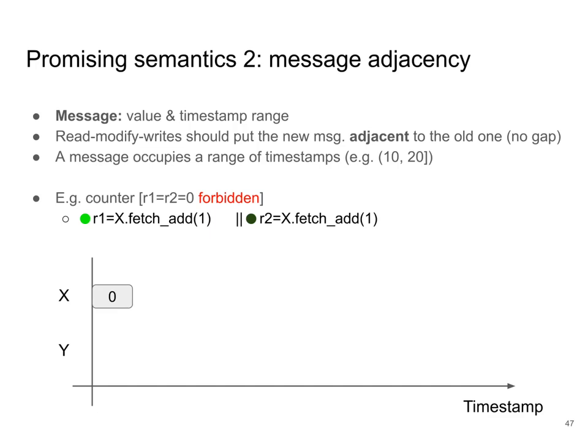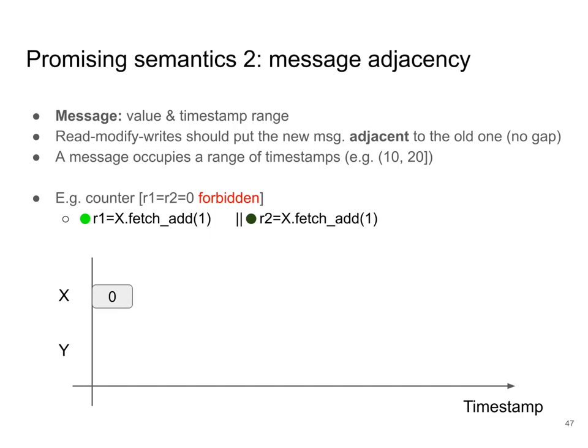It is impossible for R1 and R2 to be 0 at the same time because they are atomically increasing the underlying value. Right? That is the purpose of this read-modify-write, or update, or this fetch and add. So we need to somehow constrain the behavior of the threads in such a way that reading 0 for both threads is not happening.